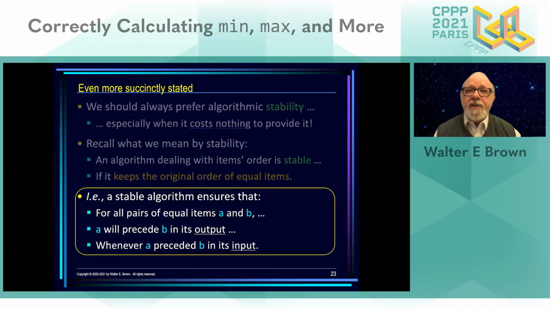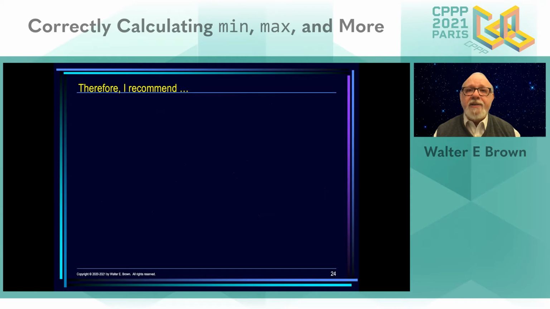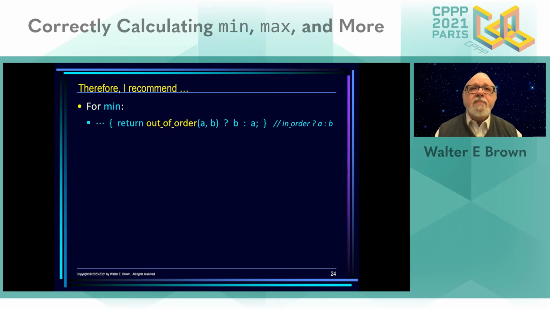So in consequence, here is what I recommend. For min, the body should look like that. We should have a predicate that says when A and B are out of order, we return B, otherwise we return A. Now, I understand some people would prefer to code this by asking, are A and B in order?